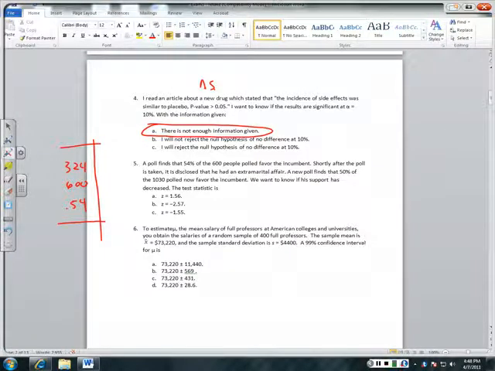In this one, actually, I could see this being worked 2 ways. Let's do this as a two-sample test, and we'll see how that works out for us.